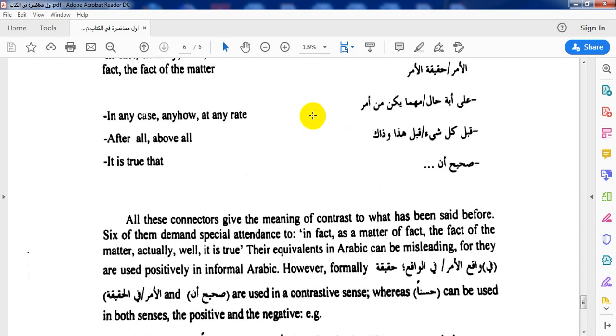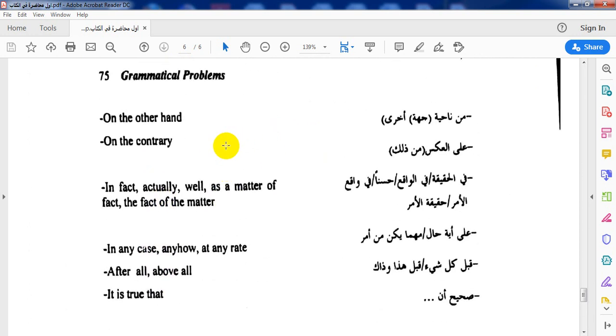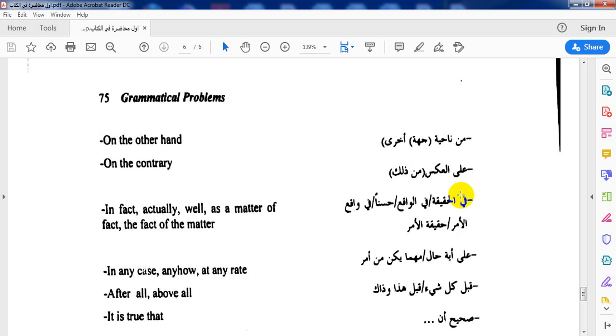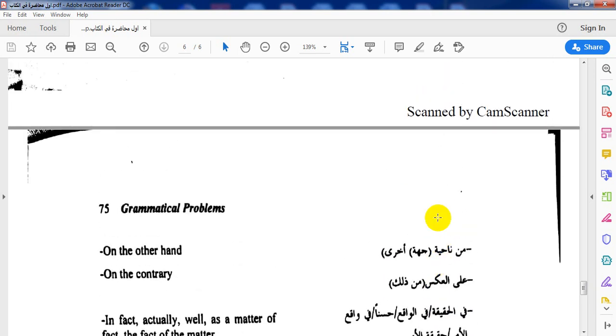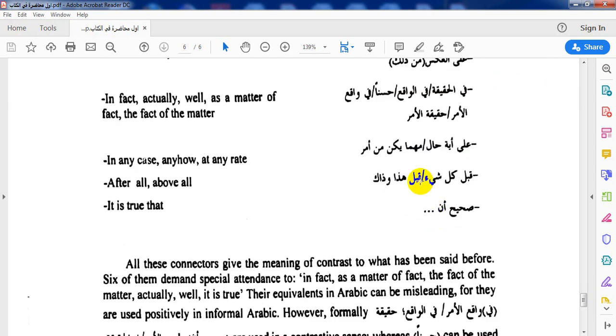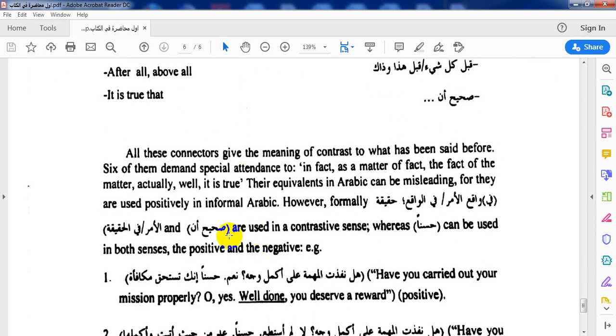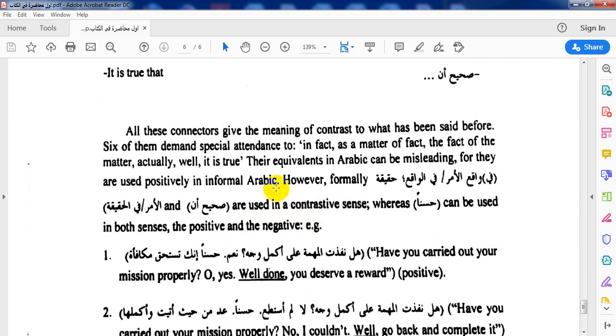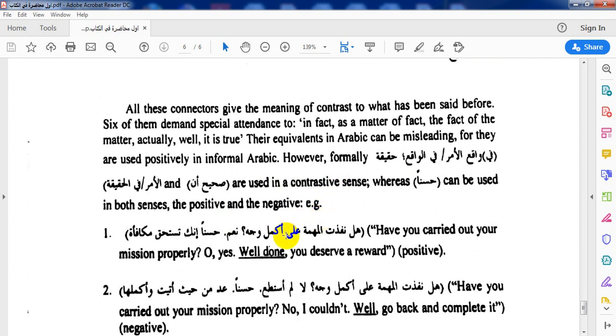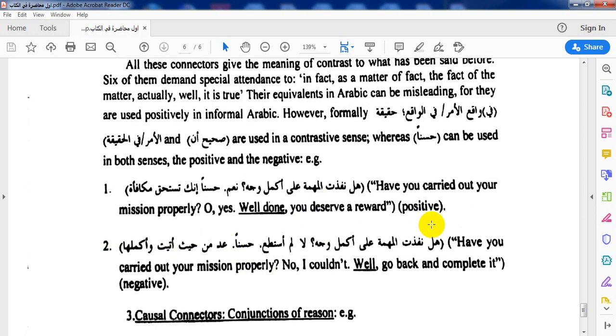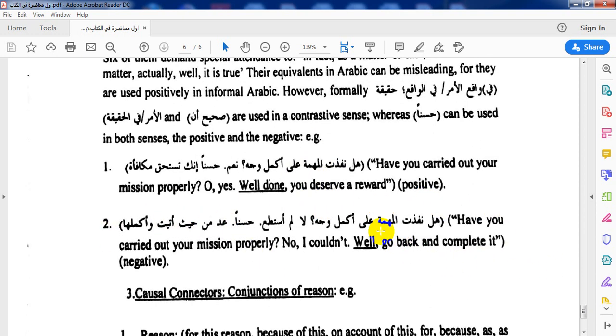You have to know their meanings and how they are used, and be careful of some uses. Sometimes the meaning is positive and you translate it into a negative, so you are committing a mistake in translation. So you have to be careful in those special uses for some connectors.